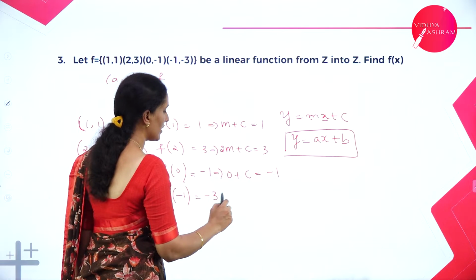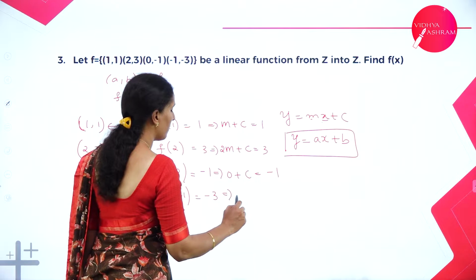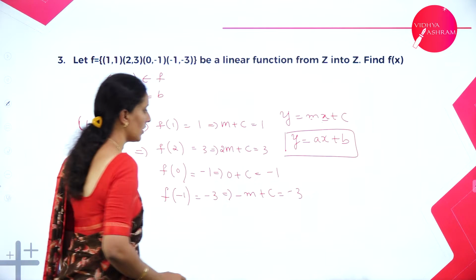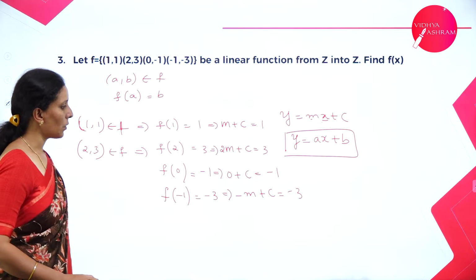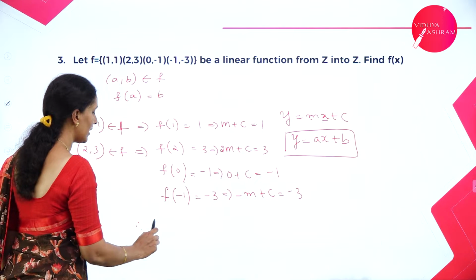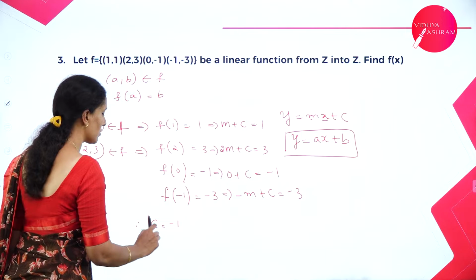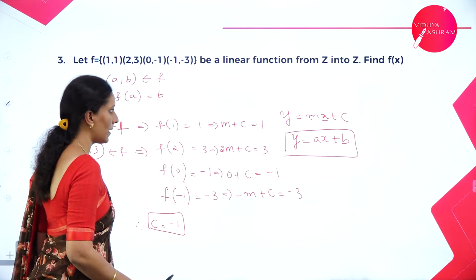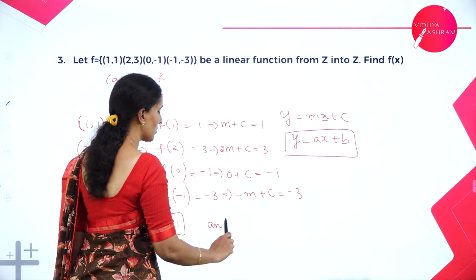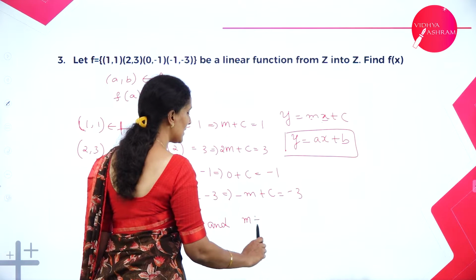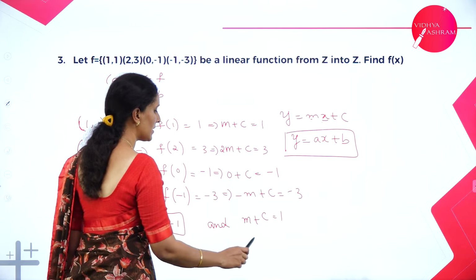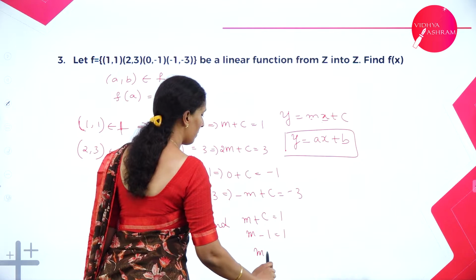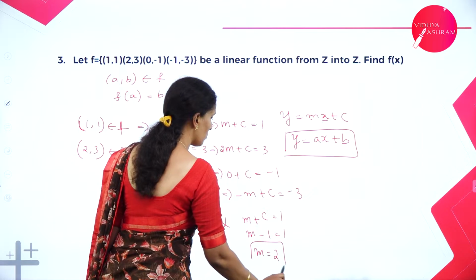And the last one, minus m plus c is equal to minus 3. So using these equations, you can clearly see the value of c is equal to minus 1. Now taking the first equation, m plus c is equal to 1. The value of c is minus 1. So m minus 1 is equal to 1, which implies the value of m is equal to 2.